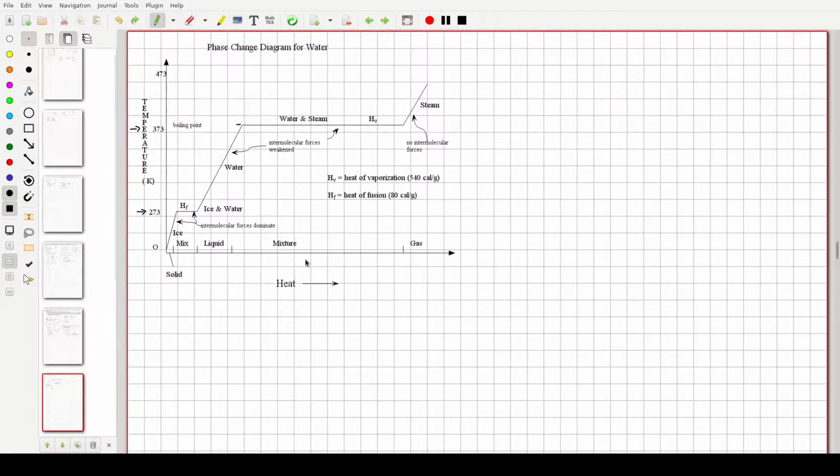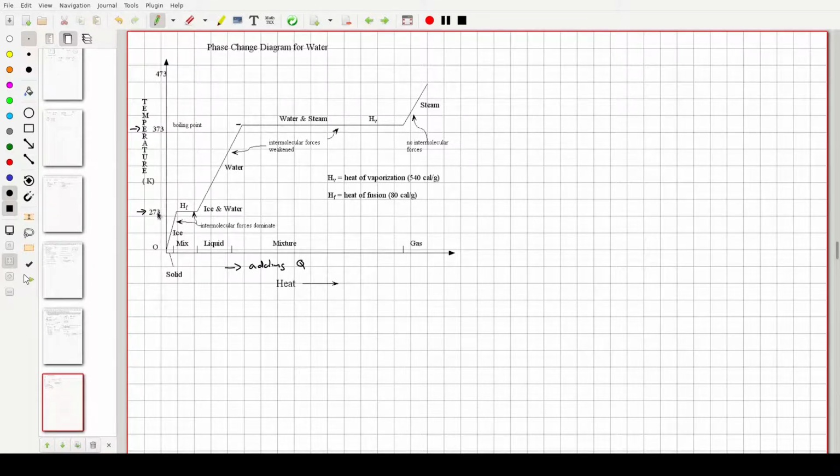So in this situation, what's happening is you're adding heat. And this right here is a corresponding change in temperature. Now, 273 Kelvin, this is in Kelvin, for water is when water freezes or when it melts.